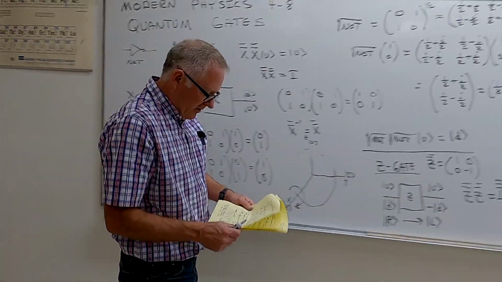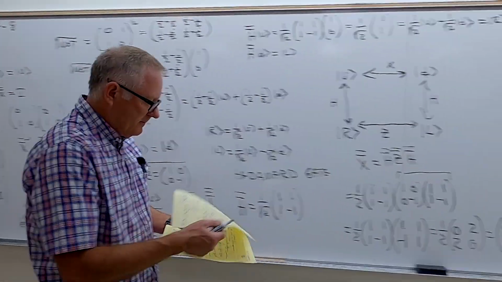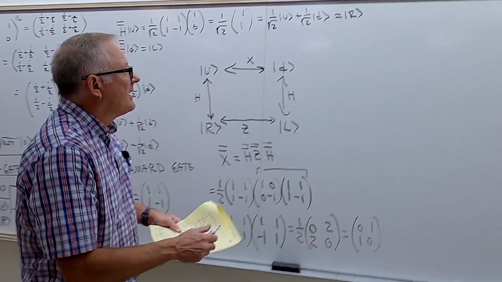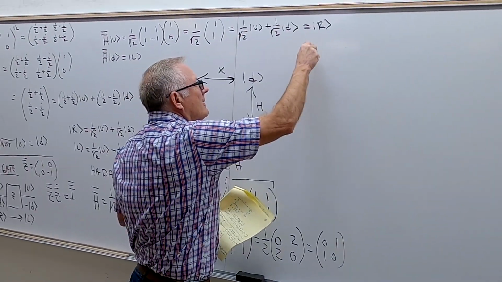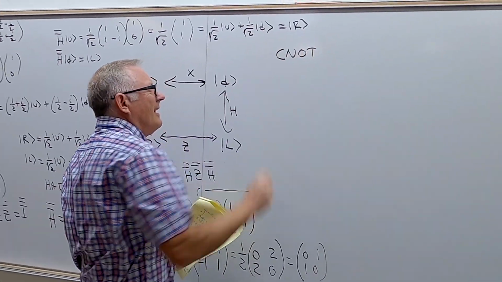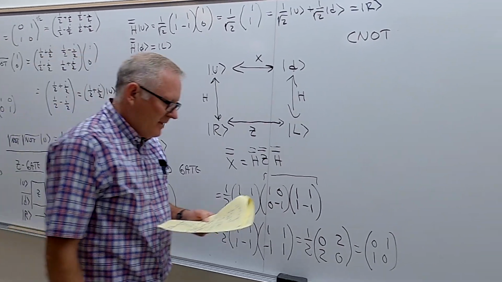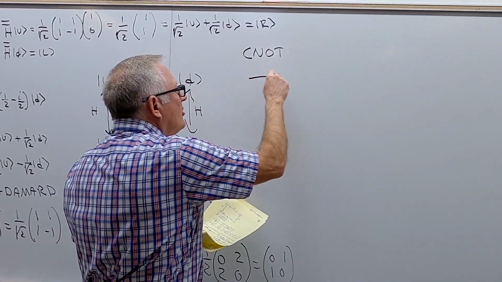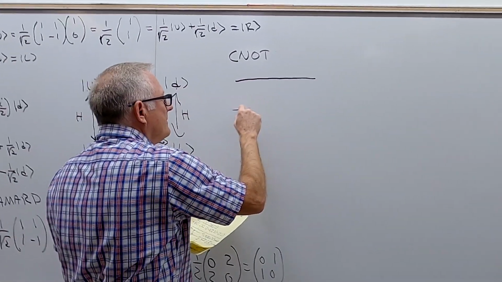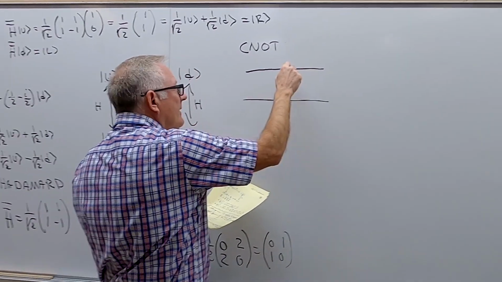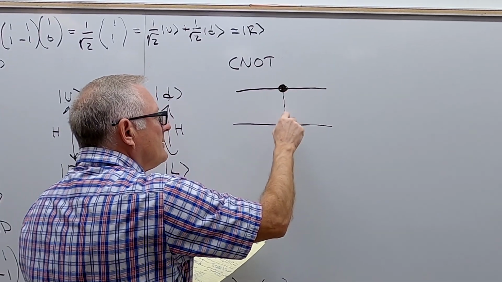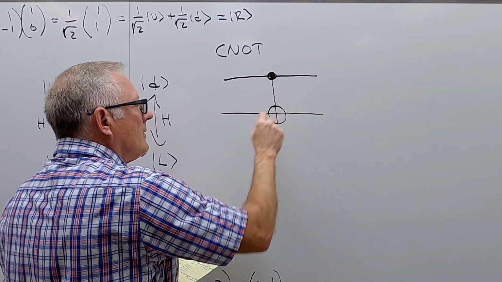Okay, one other gate I want to go through, and that is something called the CNOT gate. It actually stands for controlled not. It looks like this. It's a 2-bit system. It takes 2 bits right here, and it looks like that right there.